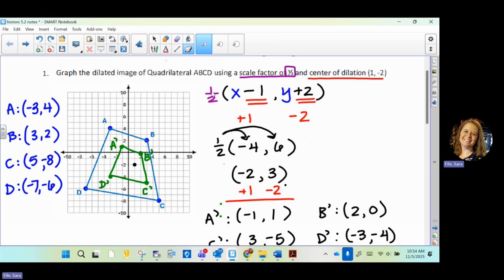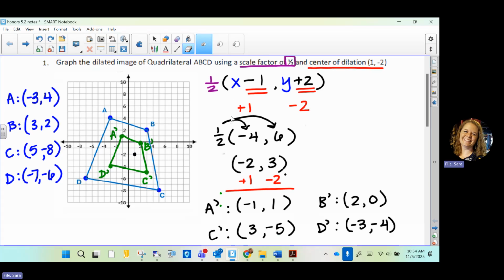You're scaling it, and then you're adding in your center of dilation. So you're shifting it to center it at the origin, you're scaling it, then you're shifting it back to the given center. So that's the 3-step process. You'll kind of follow that? Okay.